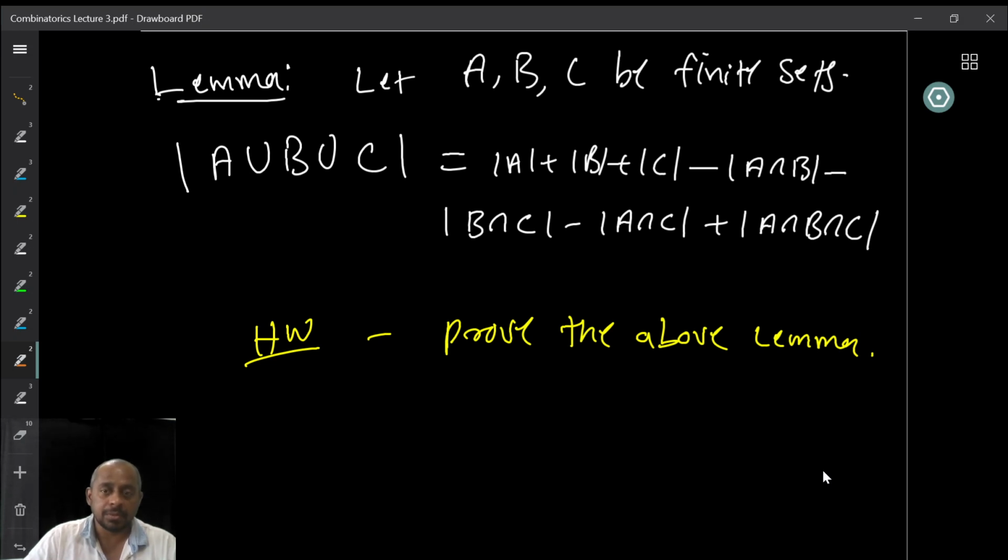So we want to put them back again. We cannot subtract more times than the number of times they were actually overcounted. So as a homework, prove the above lemma.